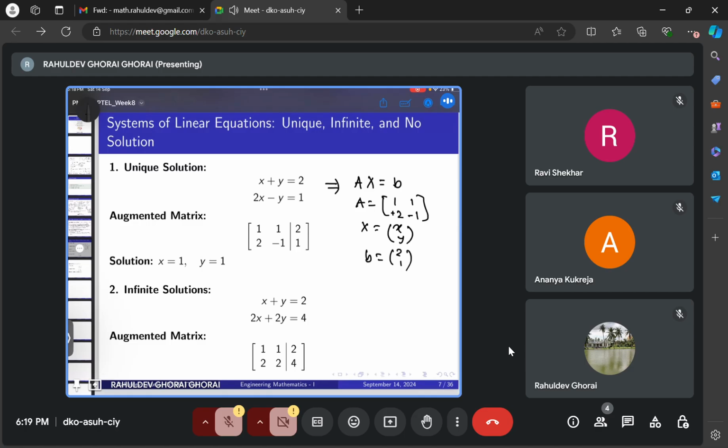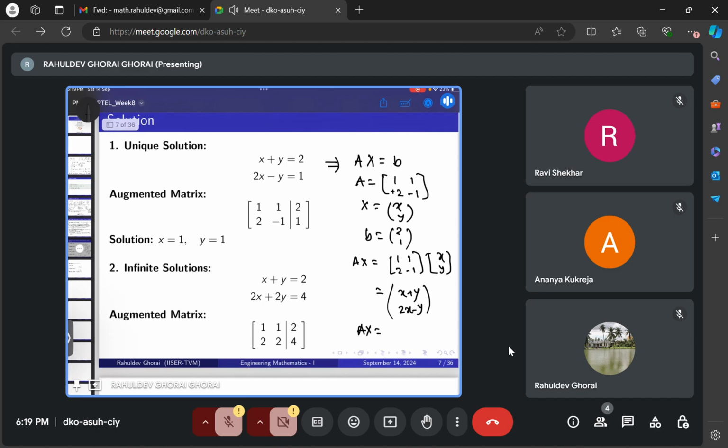If you multiply A times x, you get x plus y and 2x minus y. Ax equal to b implies x plus y equals 2 and 2x minus y equals 1, because b is 2 and 1.